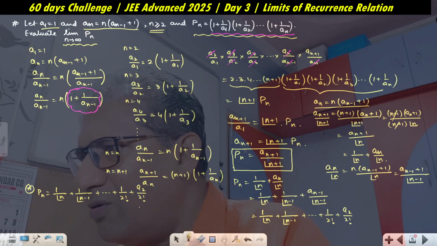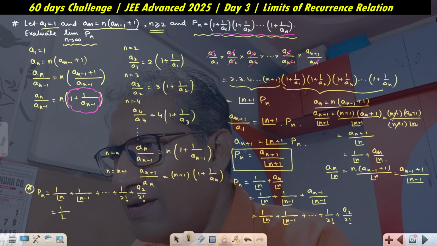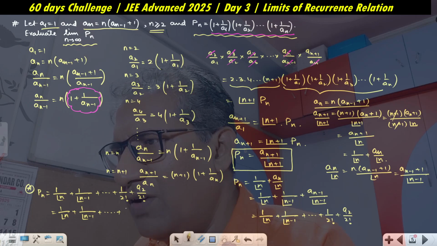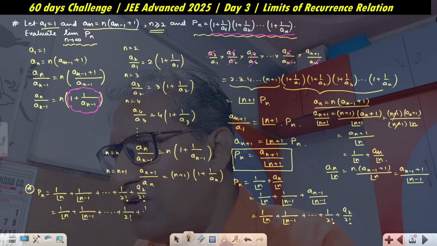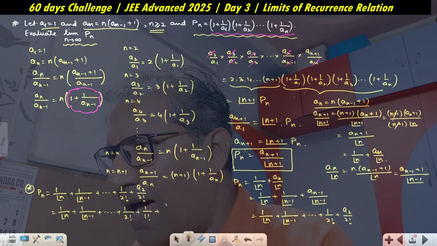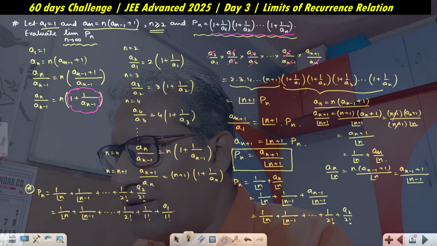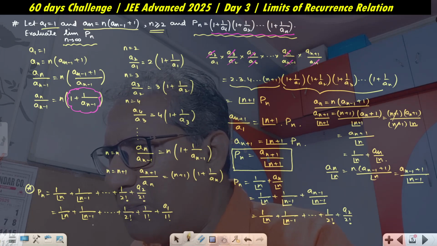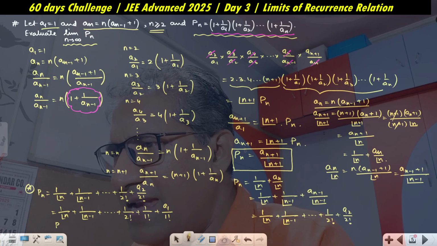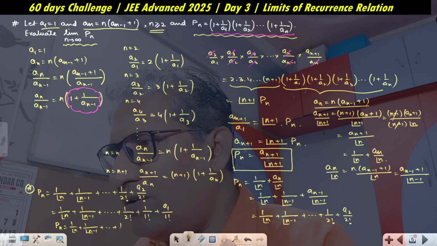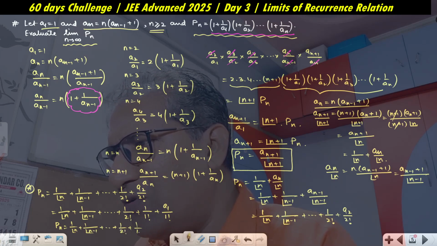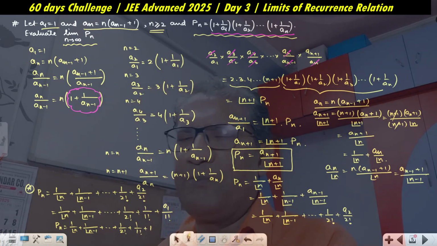Again from this one, what you can write? This thing will go on. And this one will be 1 over factorial 1 plus a1 by factorial 1. Now a1 given is 1. So this a1 will be replaced by 1. So our Pn is coming to 1 over factorial n, 1 over factorial n minus 1, this thing goes on, 1 over factorial 2, 1 over factorial 1, and this thing is 1.